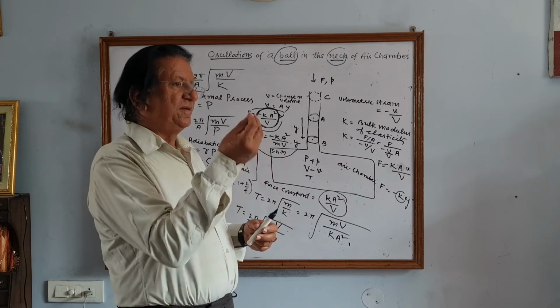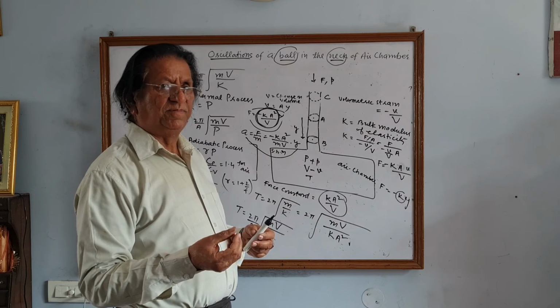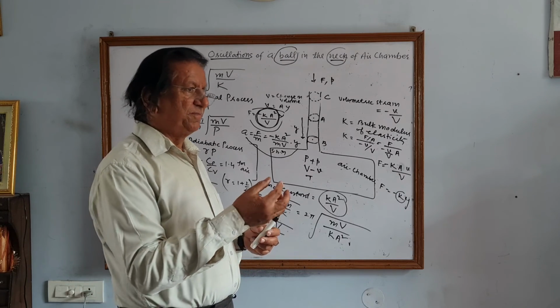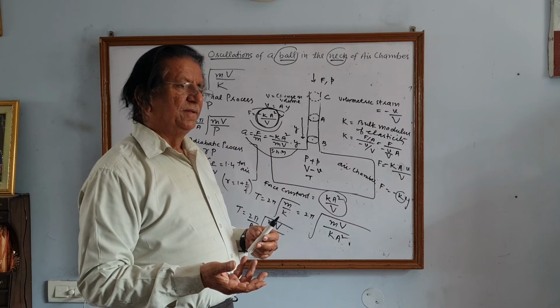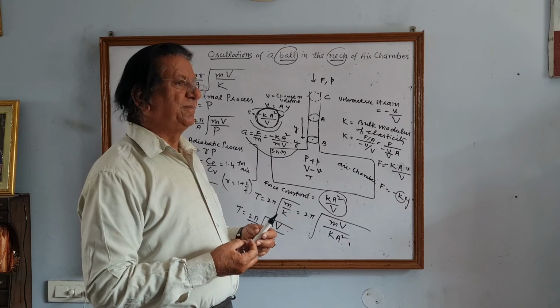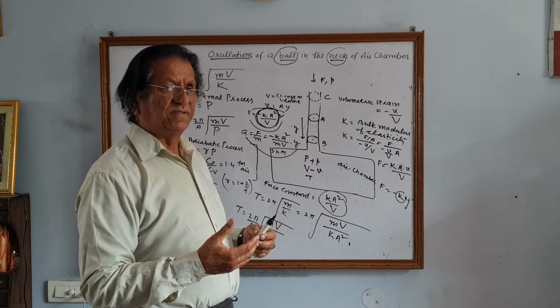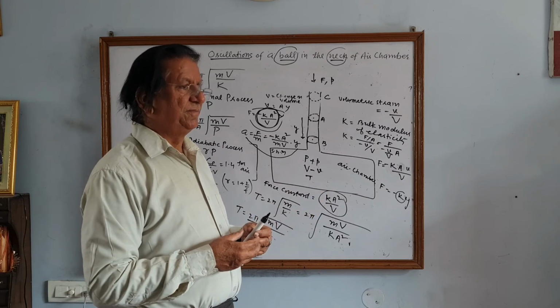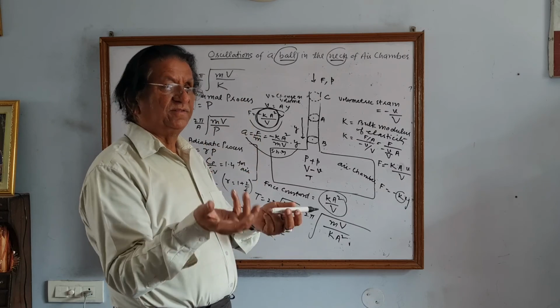The ball should move up and down, oscillate, simple harmonically. If there is friction between the surface of the ball and the surface of the neck of the air chamber, then the oscillation may not be simple harmonic. Due to friction, there may be loss of energy and the limits may not be the same. As far as it went down, it cannot go up as much, because energy is lost.